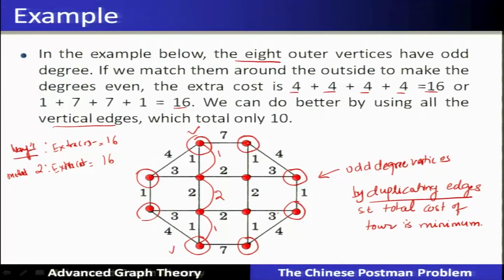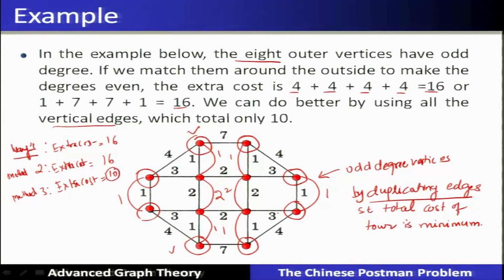Similarly, to make this particular vertex even we have to add these extra edges of length 1. What about these two vertices? We have to add an edge over here of cost 1. So if we sum them, 1, 2, 3, 4, 5, 6, 7, 8, 9, 10, method 3 will give an extra cost of 10.